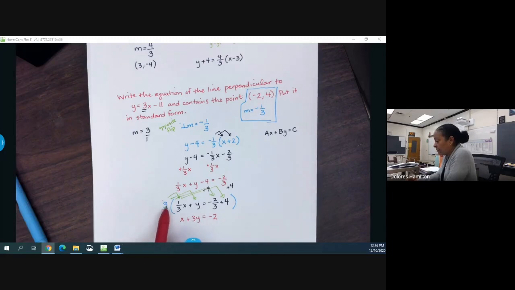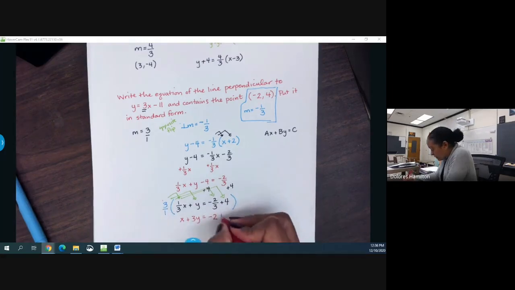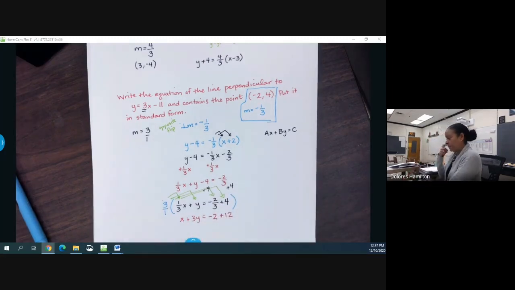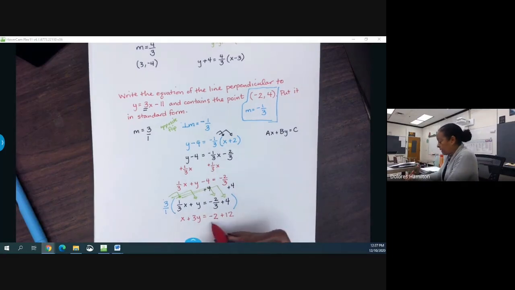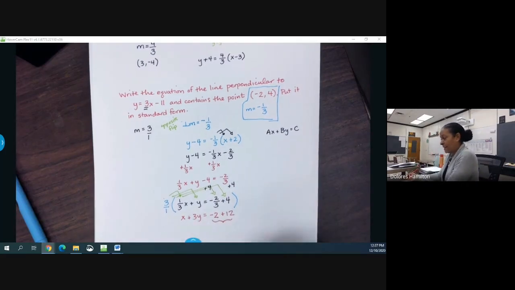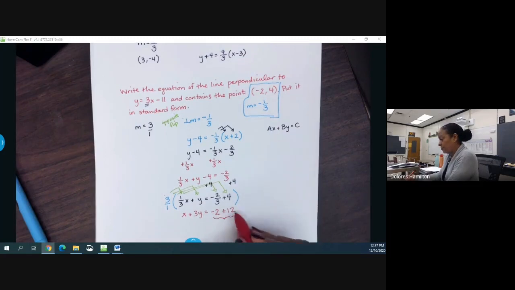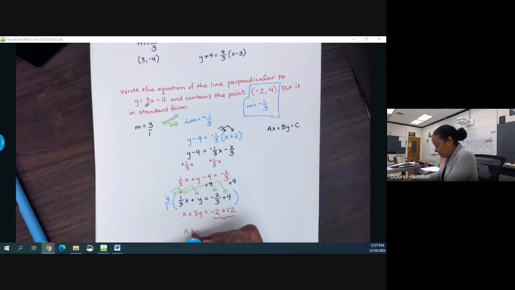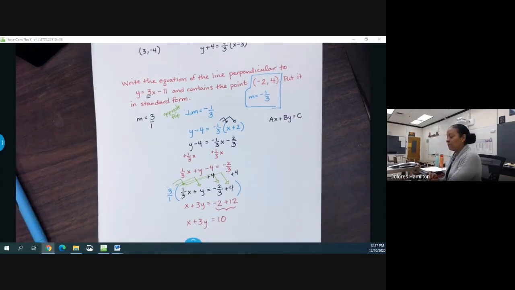And lastly, 3 times 4 gives us 12, positive 12. So, folks, last thing is to combine these two like terms. That leaves us with x plus 3y equals 10.